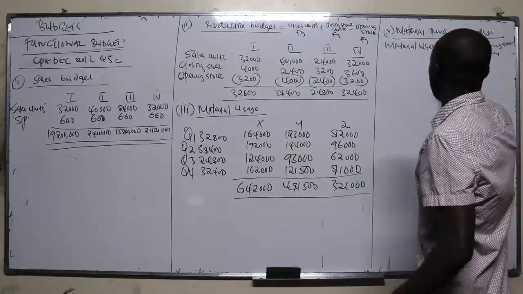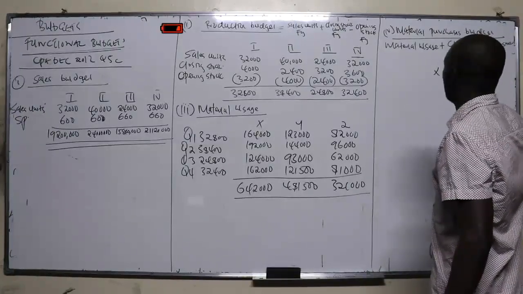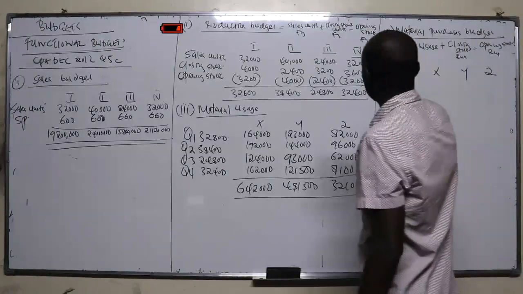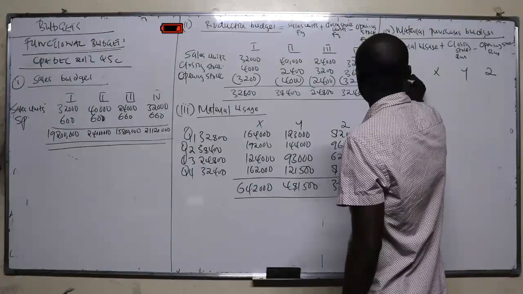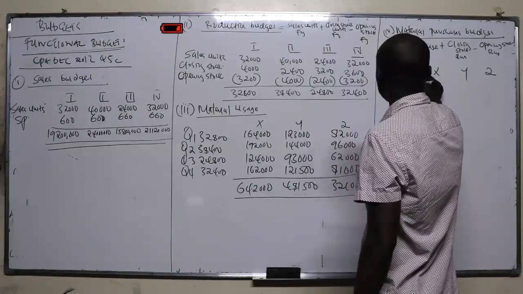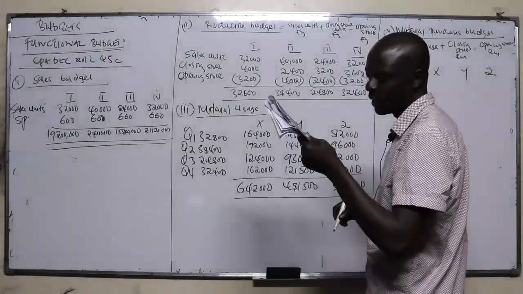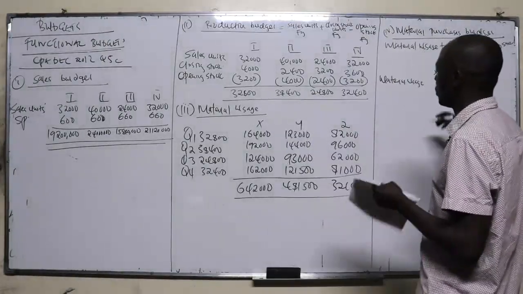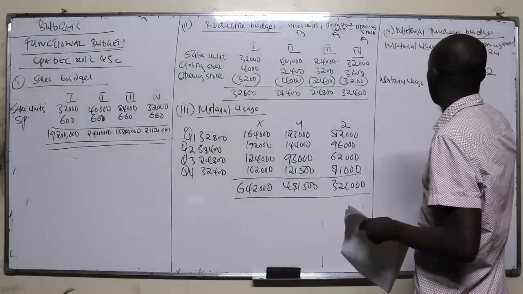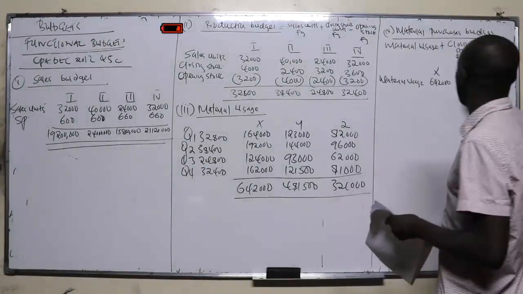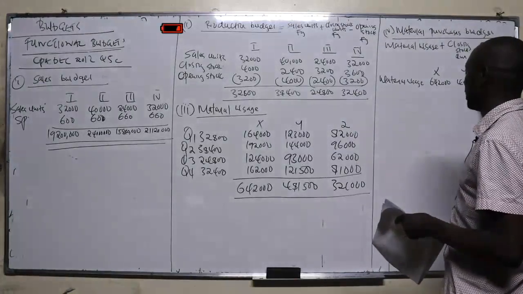So we have material X, material Y, and material Z. So the material usage here, they want us to prepare for the whole year, isn't it? So they want us material purchase budget for the year. So this material usage is 642 here, and this is 481,500, and this is 321.